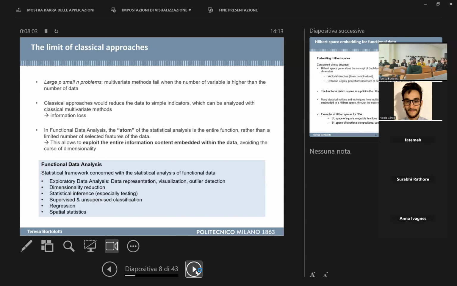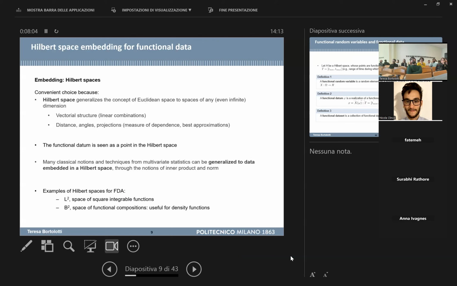All right, so as I was mentioning, the convenient embedding for analyzing data of this kind is to consider each functional datum as a point of a Hilbert space. Why? Because Hilbert spaces can be seen as the natural extension of Euclidean spaces, because through the notions of inner product and norm, you extend easily all the classical methodologies that you have in multivariate statistics.